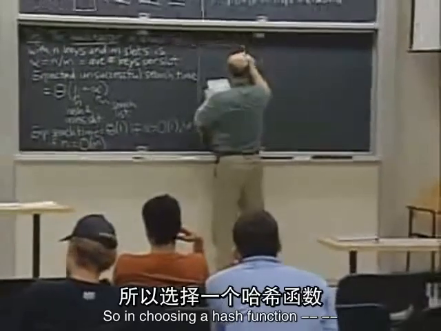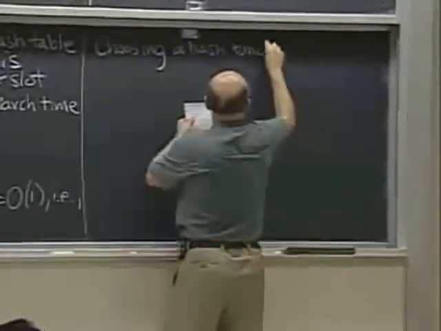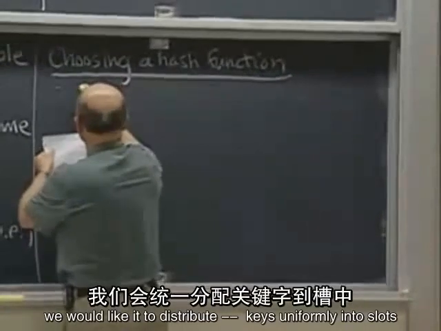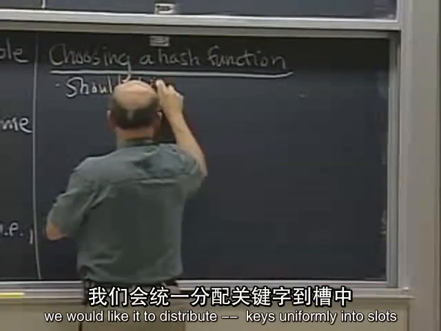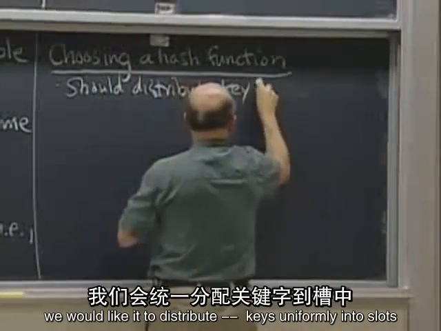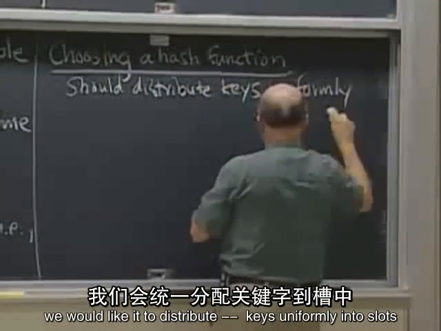So in choosing a hash function, we would like it to distribute keys uniformly into slots.